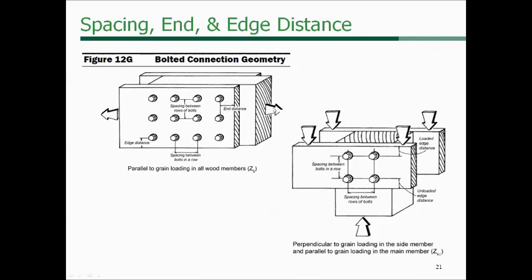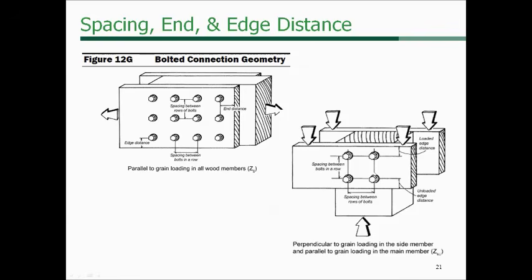Now if we were to take these load cells and put one of them up here on this main member and the other one down here on the side member, so that now both the main and the side member are loaded perpendicular to grain, that's a Z-perp configuration, and that's going to be the fourth column that shows up in those bolt tables, Z-perp.